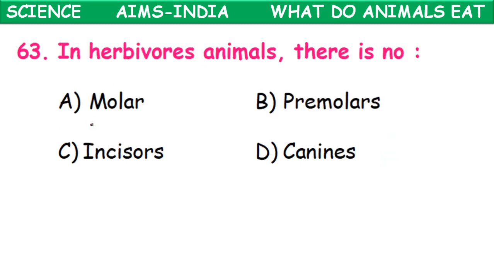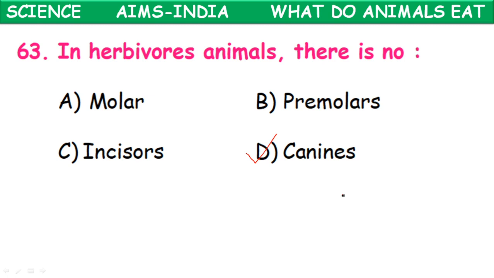The last question: in herbivorous animals, molars, premolars, incisors, canines, which are not there? Which teeth can you expect? Because they won't eat flesh, these canines are absent.